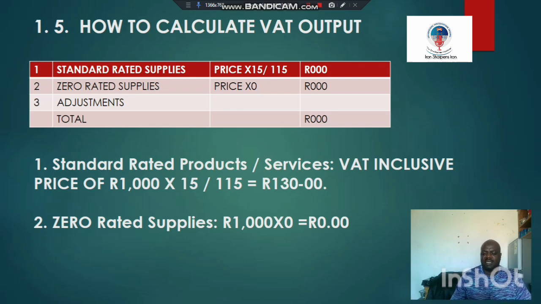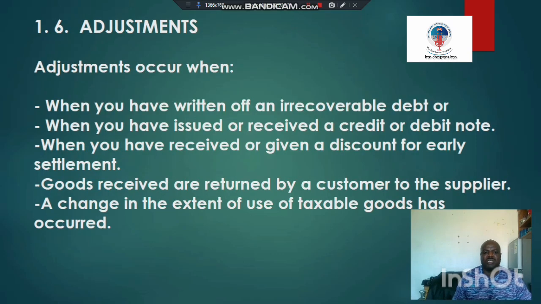Adjustments, there are adjustments, and I'll explain what adjustments are. Here is the calculation that I'm talking about. 1,000 by 15 over 115 equals 130. Zero rated supplies, 1,000 by that comes back to zero. Adjustments, what are adjustments? This you'll get in the VAT form.